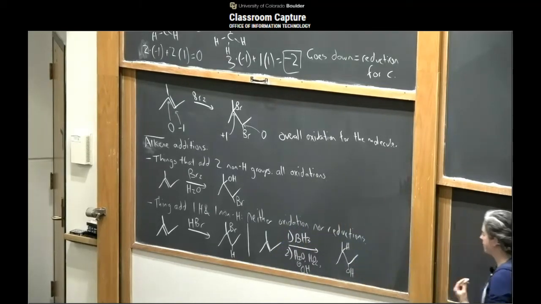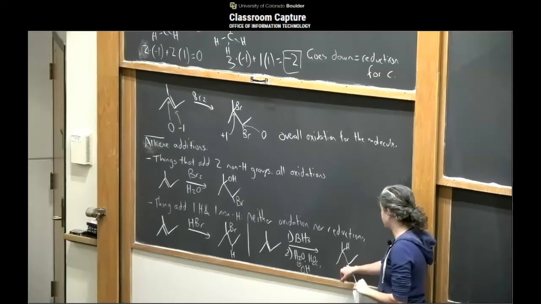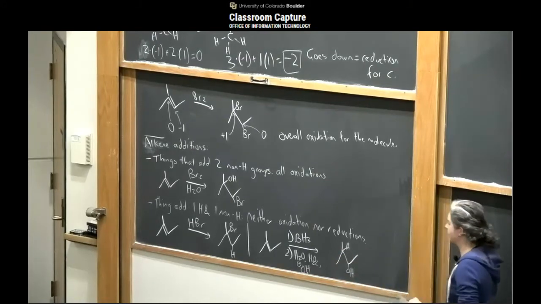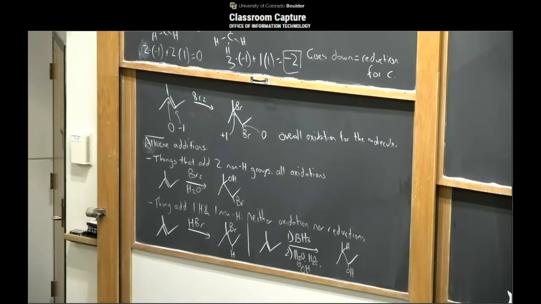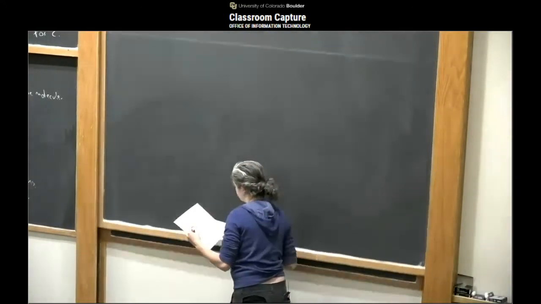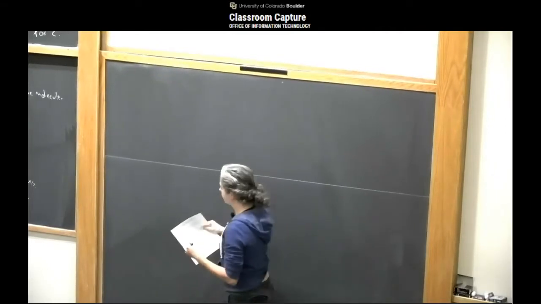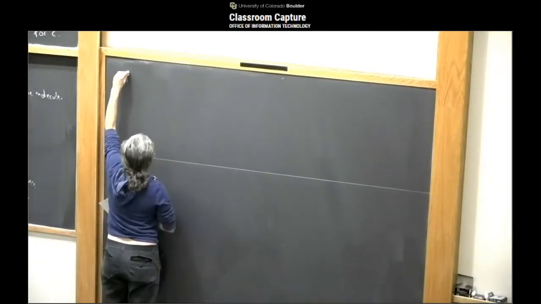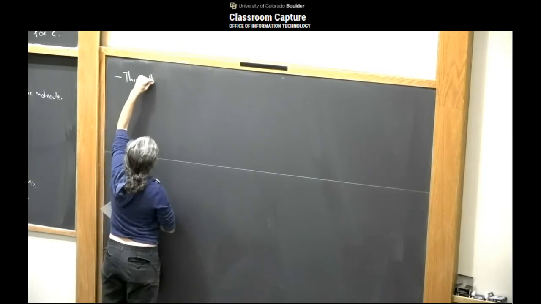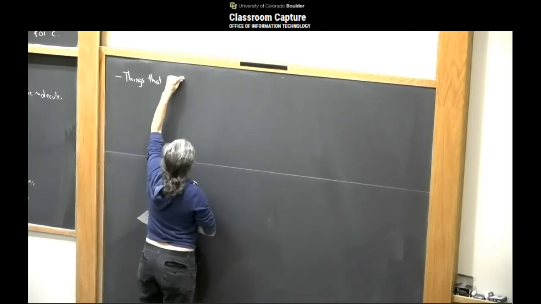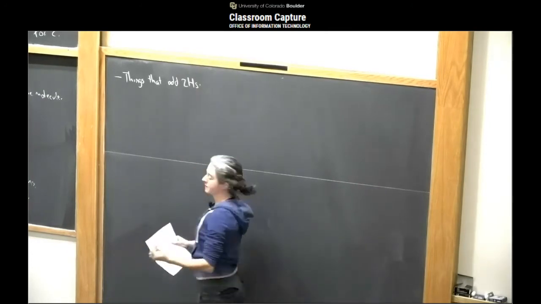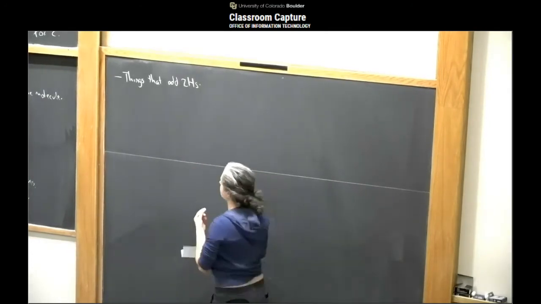So we're adding OH, anti-Markovnikov style, which still, if you look at it, 1 carbon got oxidized, 1 carbon got reduced, so it's neither overall. Okay, so questions about those examples so far? Okay, cool. And then the third category that we saw, things that add 2 H's. This is going to be a reduction because we're gaining 2 less electronegative atoms.